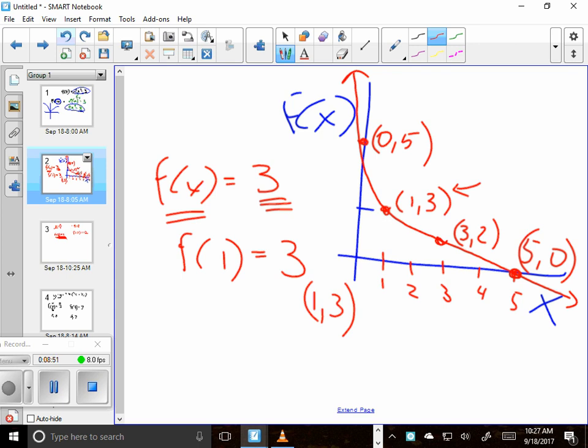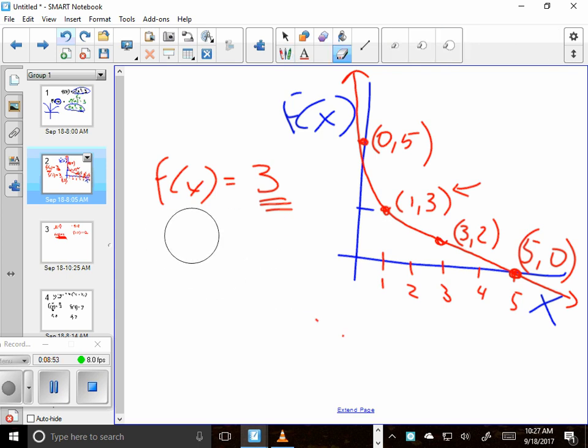All right, so f of x equals 5. Figure out first, did I tell you an x or did I tell you a y? And then figure out the other part.